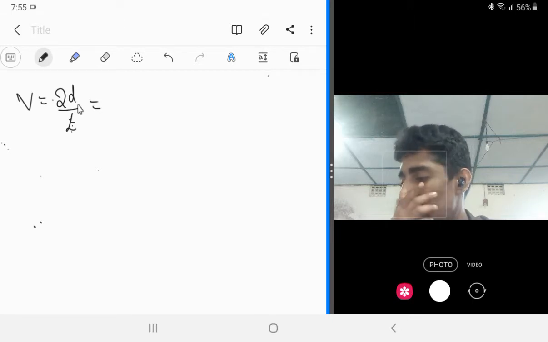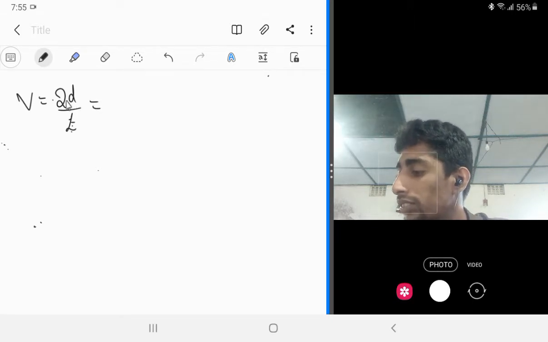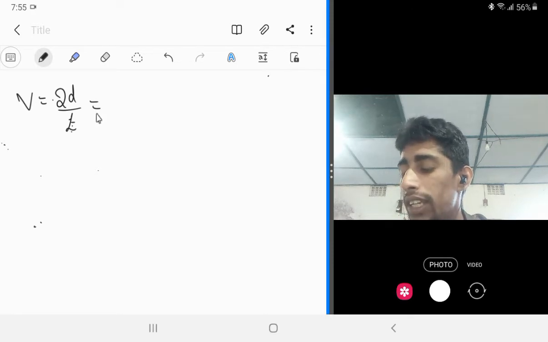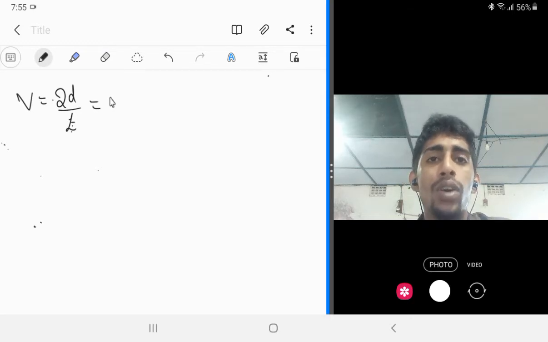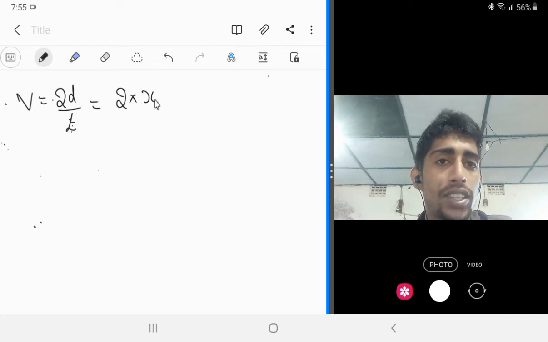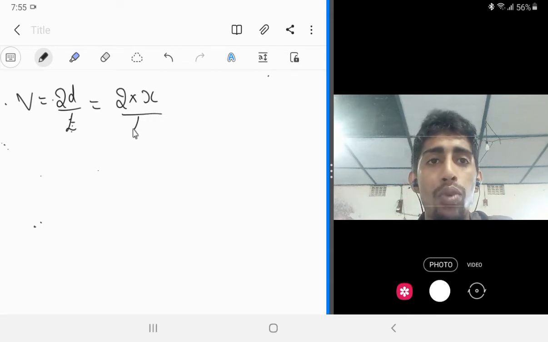For the first case, the distance between the initial position and the cliff, v is 2 into x divided by 4.